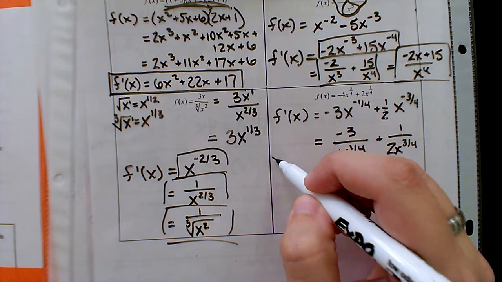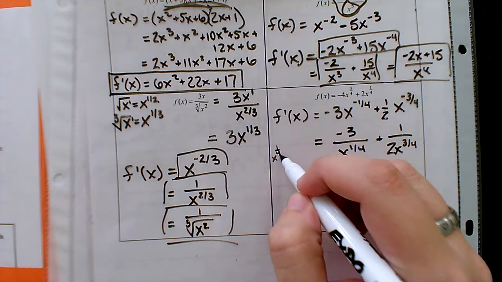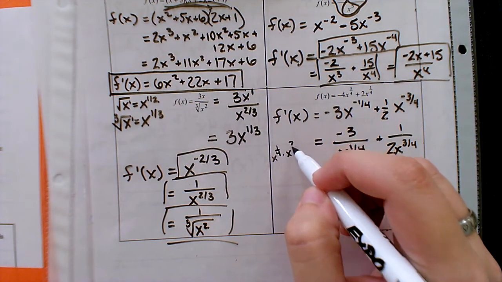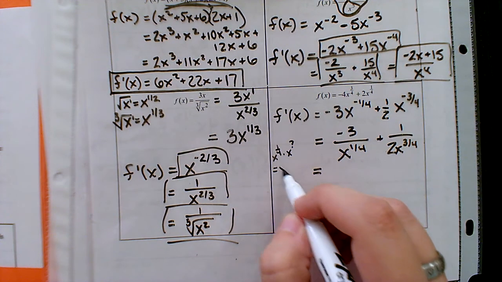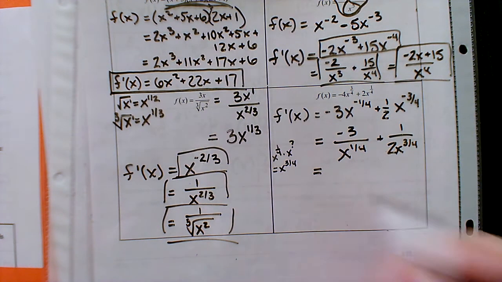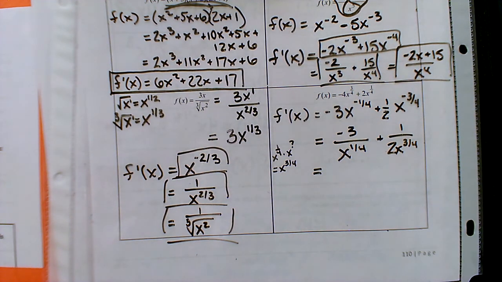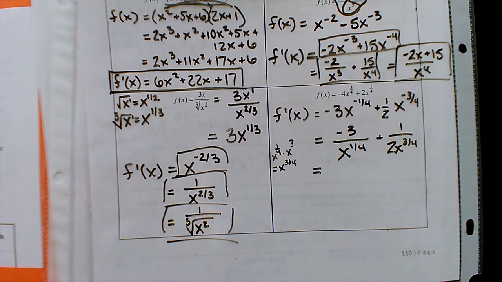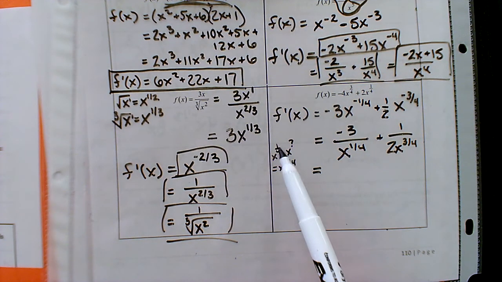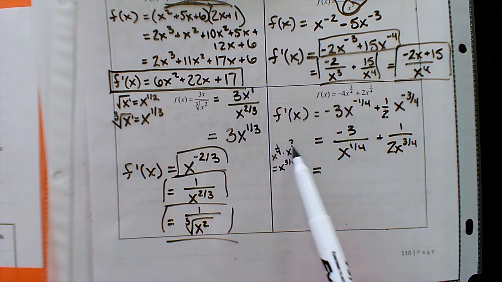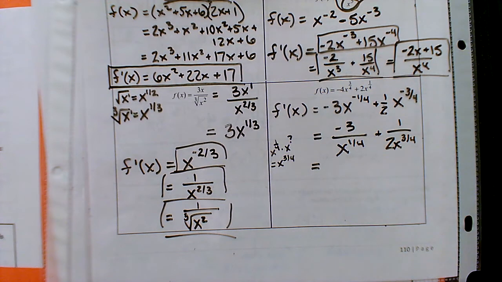X to the 1/4 times x to what power would give you x to the 3/4? When you multiply the bases, what do you do to the powers? You add them, okay? So 1/4 plus what would give you 3/4? Yeah. 2/4, aka a half.